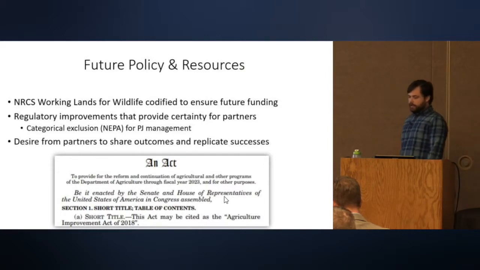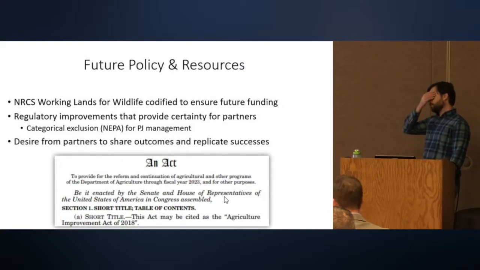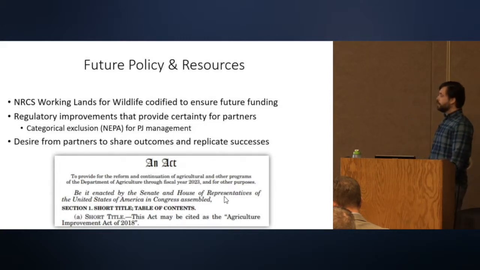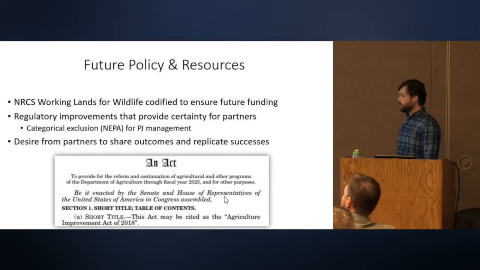So one way that we can support broad-scale collaborative efforts like this is by building supportive policy frameworks. And there's a little bit of good news on this front in terms of the 2018 Farm Bill that was just passed. So this bill provides some of this support by codifying the NRCS Working Lands for Wildlife.